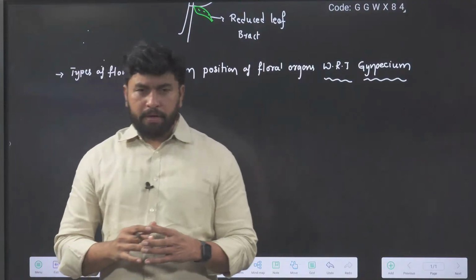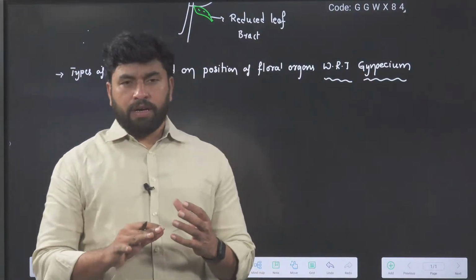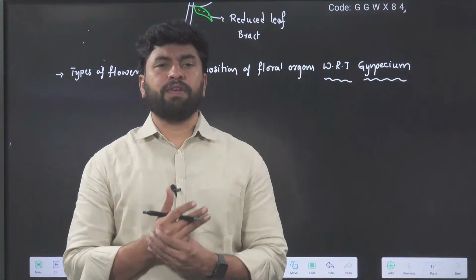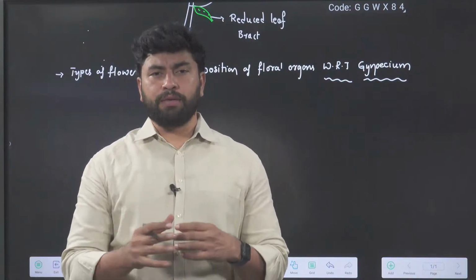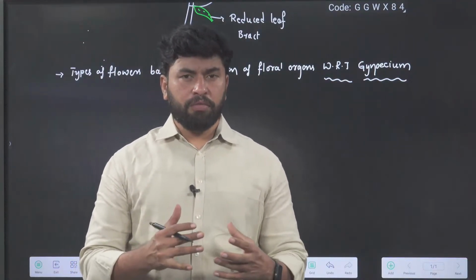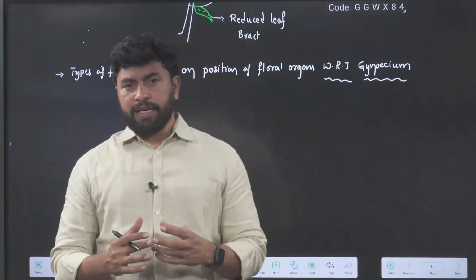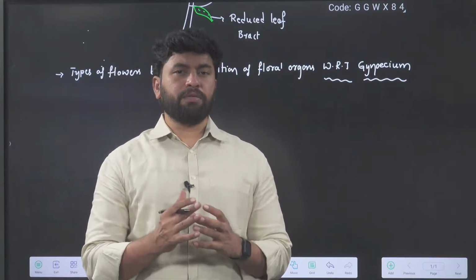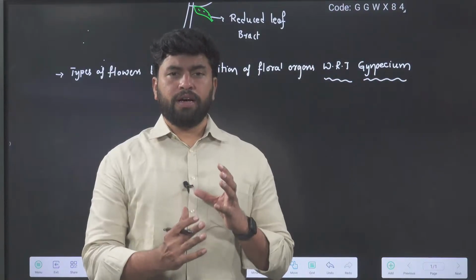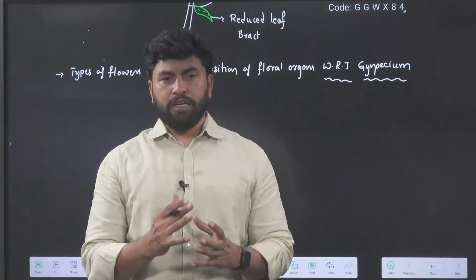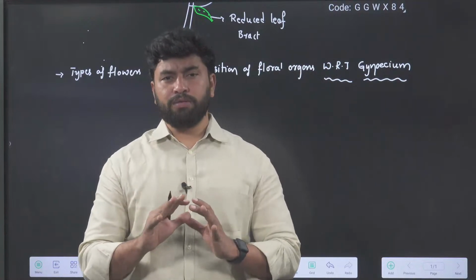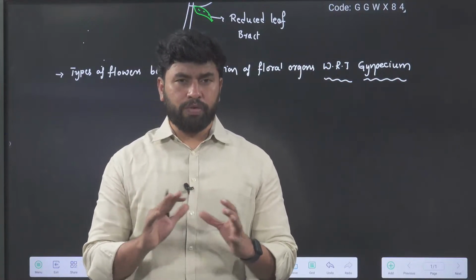Remember, in a flower, after the pollination, almost all parts of the flower usually fall down. Let me say one more time. Sepals are usually meant for protection of the flower in the bud stage. When the flower has matured, the sepals' work is over.